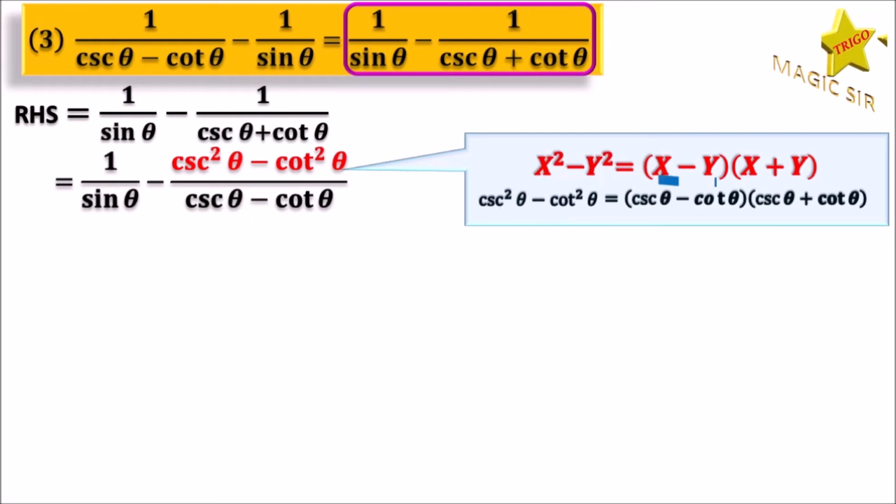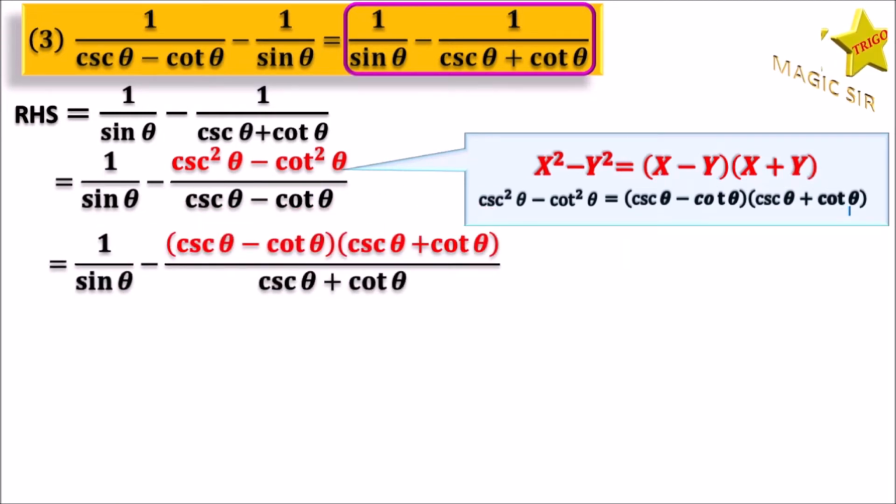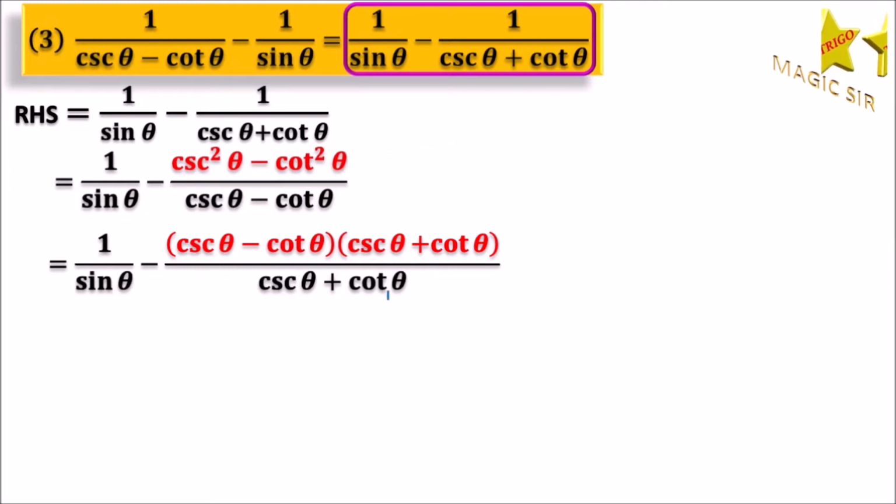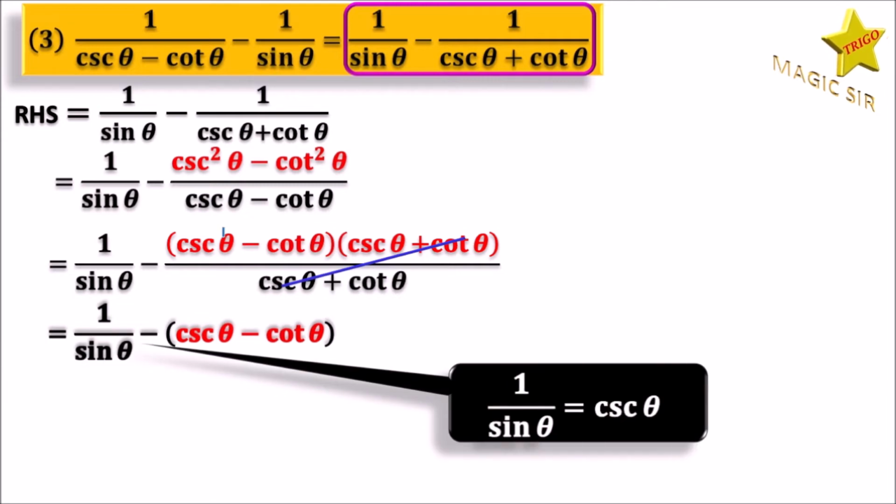So x minus y equal to cosec theta minus cot theta and x plus y equal to cosec theta plus cot theta. Therefore, RHS is equal to 1 upon sin theta minus into bracket cosec theta minus cot theta into second bracket cosec theta plus cot theta divided by cosec theta plus cot theta. Here, cosec theta plus cot theta cancels out, leaving us with RHS equal to 1 upon sin theta minus into bracket cosec theta minus cot theta.